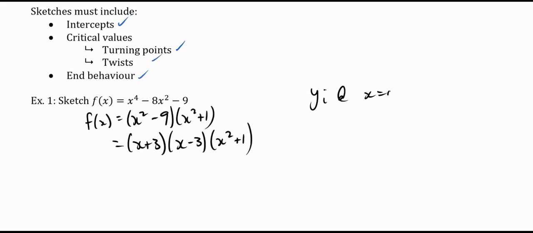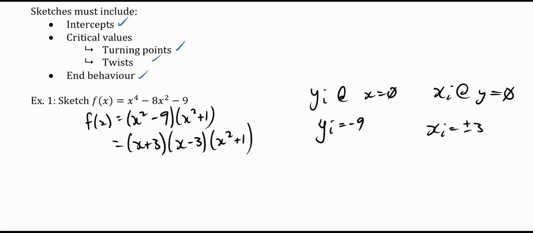When x equals 0, because it's in standard form, that's easy. It's going to be -9. And then my x-intercepts occur when y equals 0. And so those happen at plus and minus 3. And that's it. Only those two.